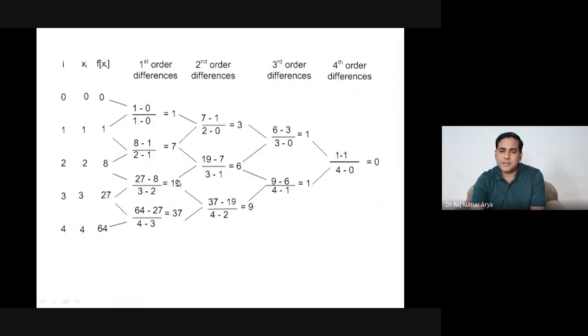Same thing for this: 19 corresponds to 2 and 37 corresponds to 4. Then the third order difference is calculated the same way, and the fourth order difference the same way. So you have calculated all the first, second, third, and fourth order differences. That way you calculate your difference table.